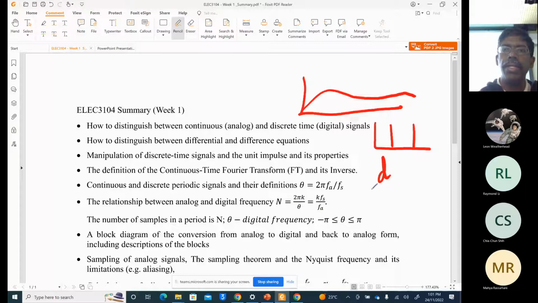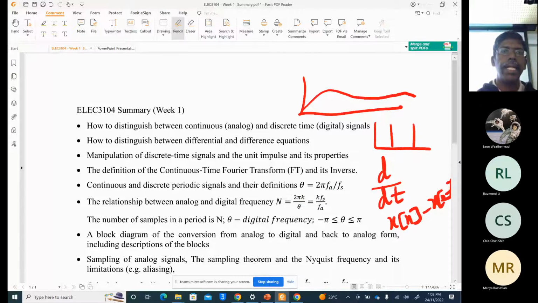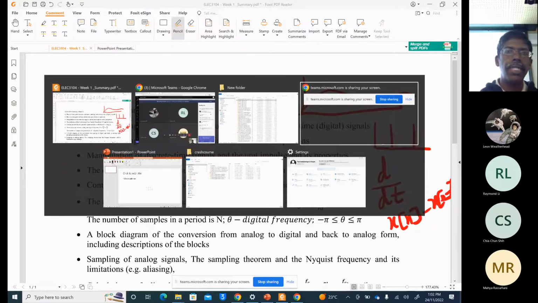If it is d by dt, then that is a differential equation, and if it becomes x[n] minus x[n minus 1], that is a difference equation. And manipulating discrete time signals and the unit impulse response, you should be familiar with that.